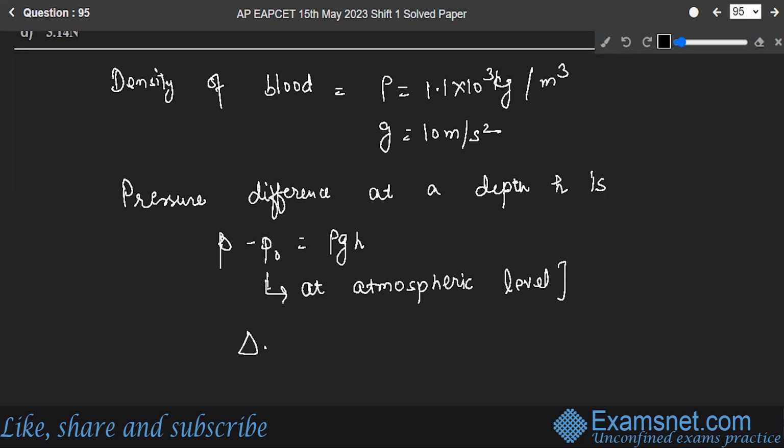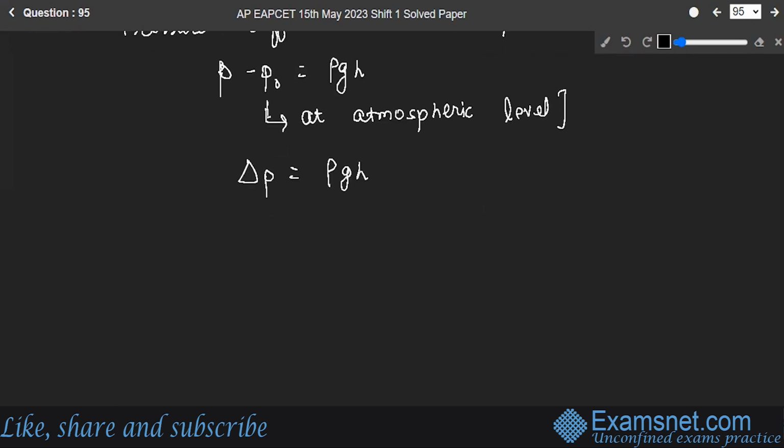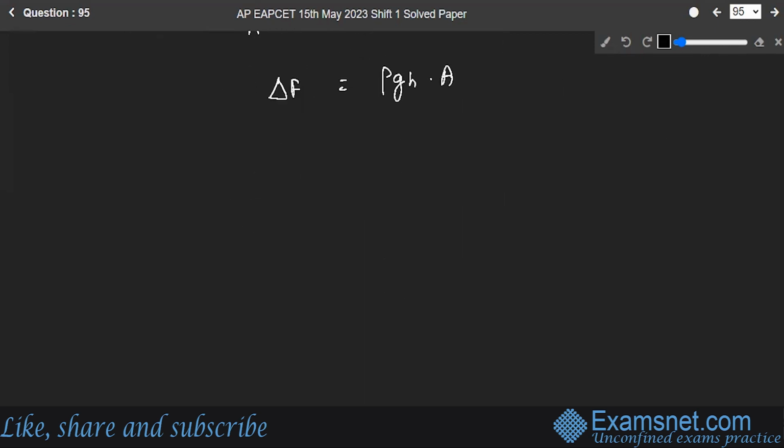So that means delta P, change in pressure, is given by this. And pressure is equal to force per unit area. So you have change in force upon the area is equal to rho GH, or change in force is rho GH into area. So the increase in force is given by delta F is rho GH times area.